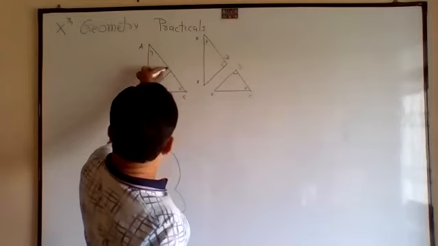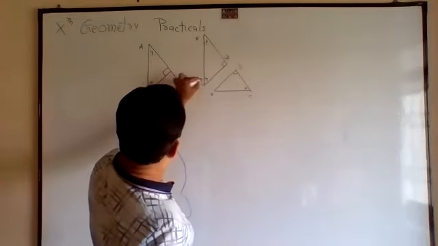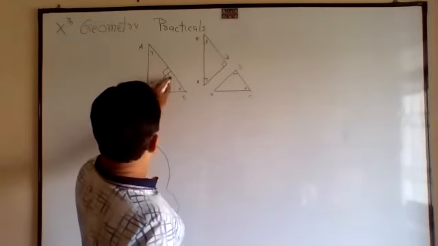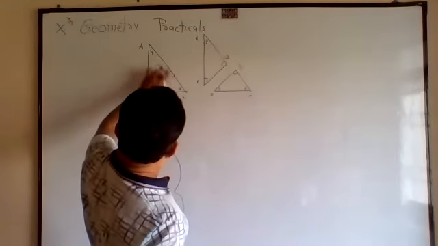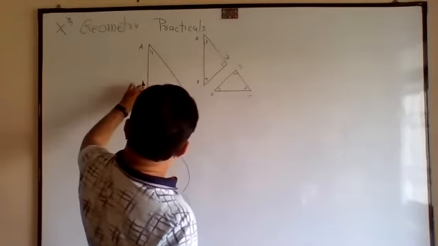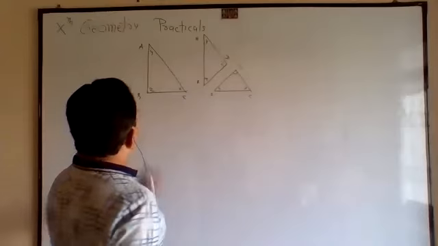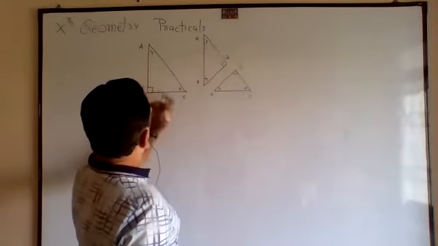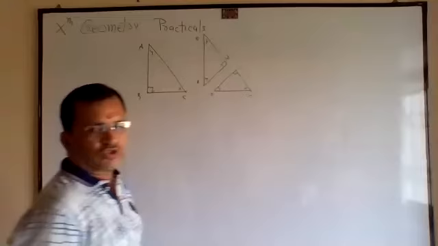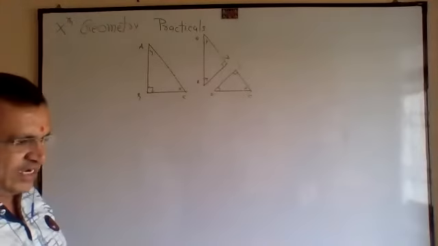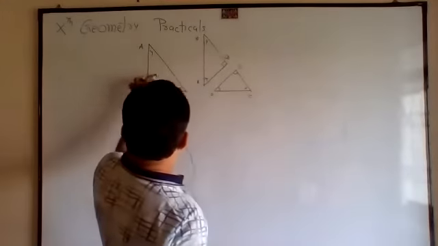When it is here 90, so this is x, so this is x. When it is x, 90, so this is y, this is y. X, Y, 90. X, Y, 90. X, Y, 90. So triangle number 1, triangle number 2, triangle number 3.